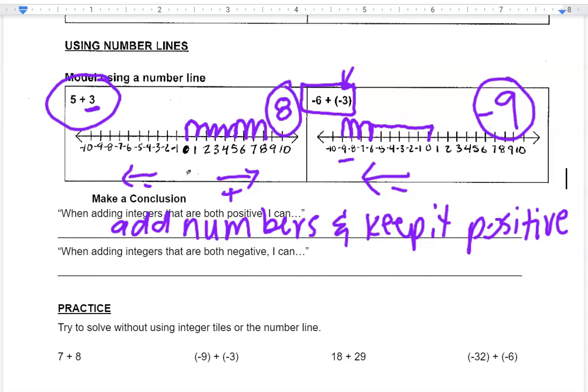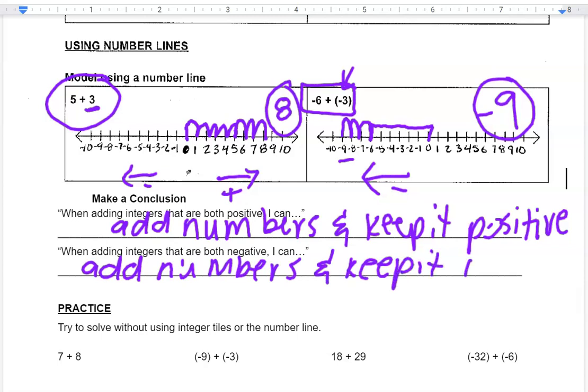However, when we add numbers that are both negative, we can add the numbers together and keep it negative. If we look here at negative 6 plus negative 3, if we add 6 and 3, 6 plus 3 equals 9, but since they are both negative, it stays negative.